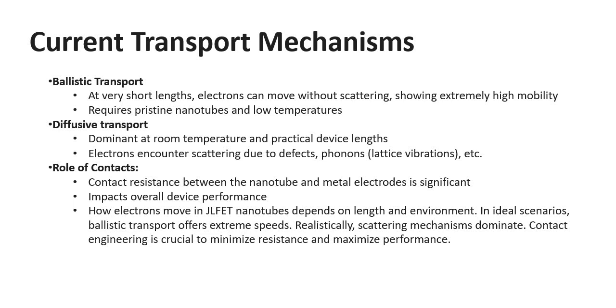In junctionless nanotube devices, the performance depends upon the channel length and the environment also. Ballistic transport sometimes offers very good speeds, but it is crucial to minimize the resistance between the source and the drain.